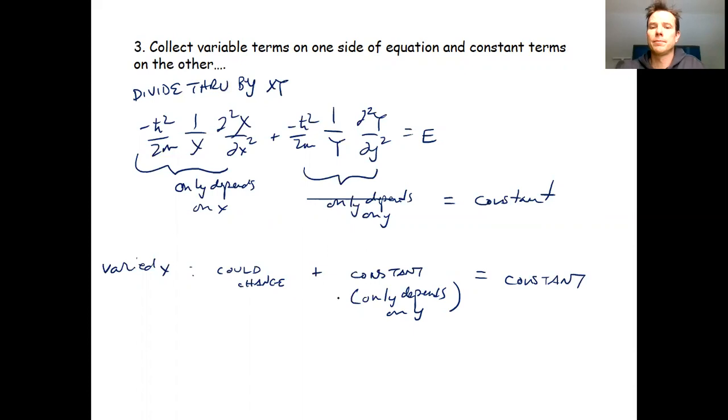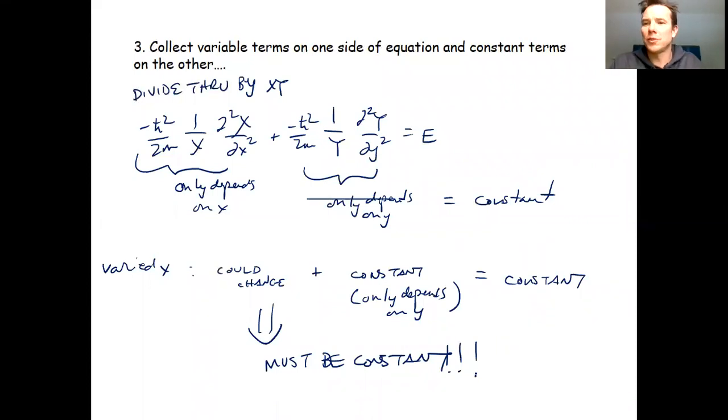So look at this. Something which could change plus a constant is equal to a constant. What does that mean? It means that this function must be a constant. That's the only way this works.